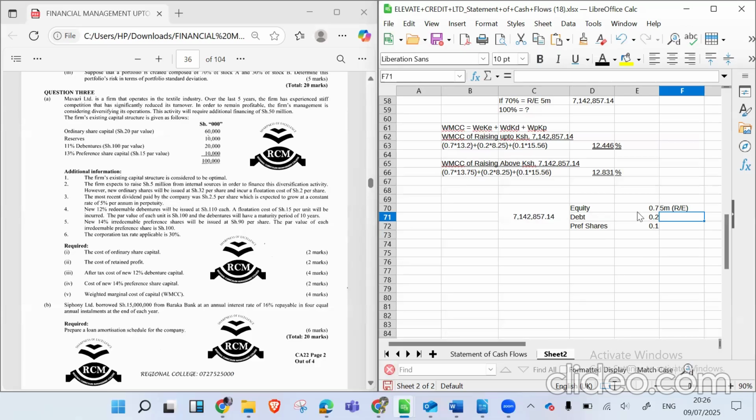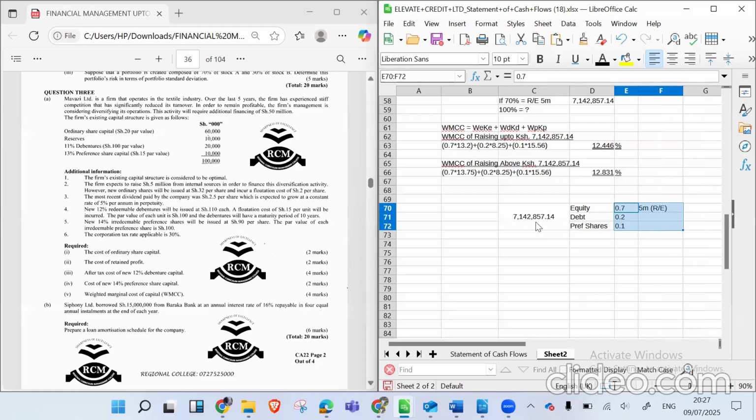So the question is, if equity should give me the 5 million, how much should be the total that I'm raising? So 70% is 5 million. What is 100%?